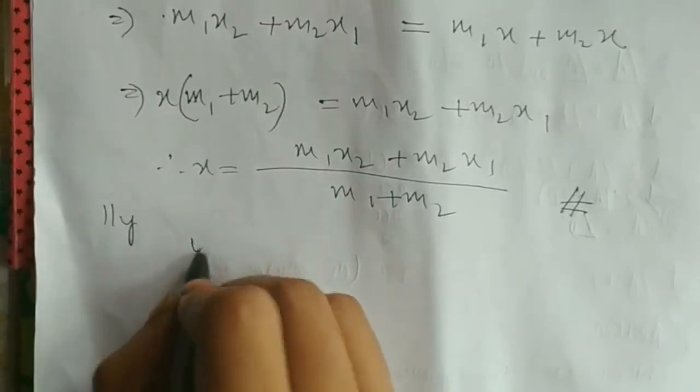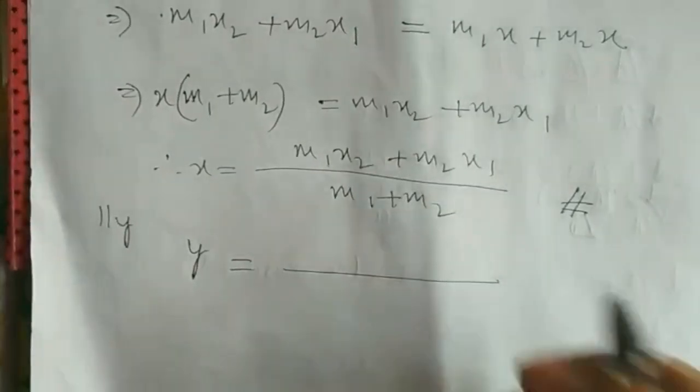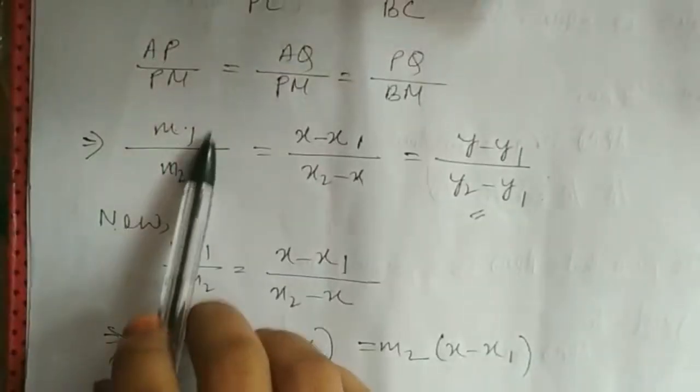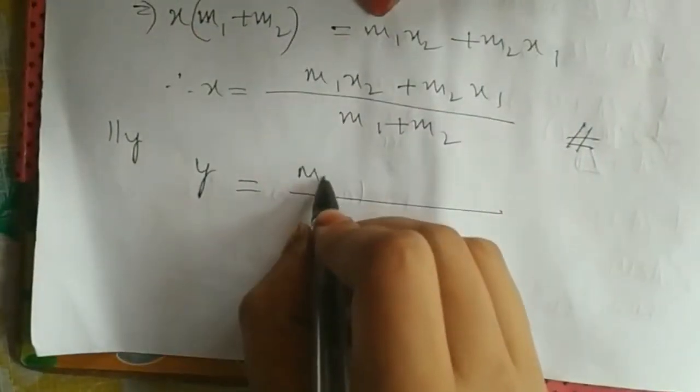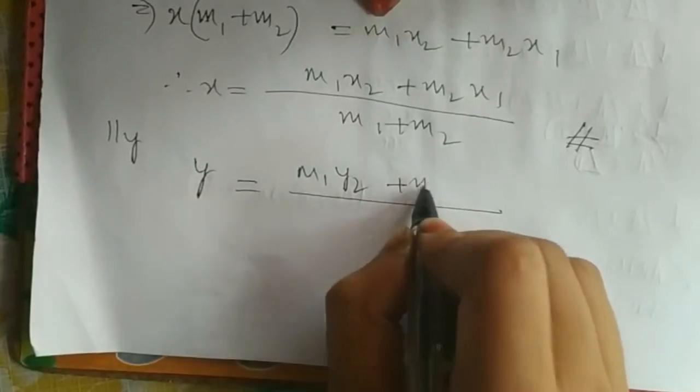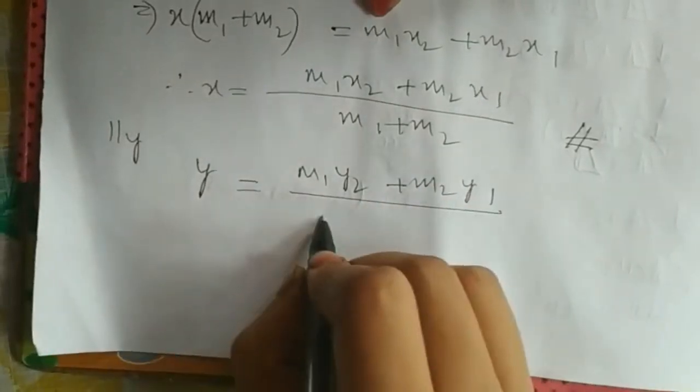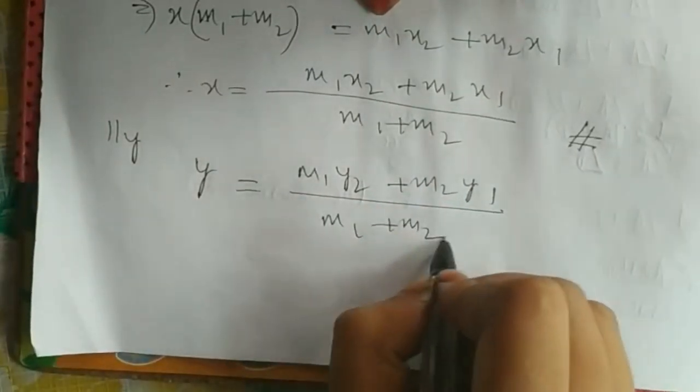Similarly we get Y equals, taking this one and this one, after this we get Y equals M1 Y2 plus M2 Y1 by M1 plus M2.